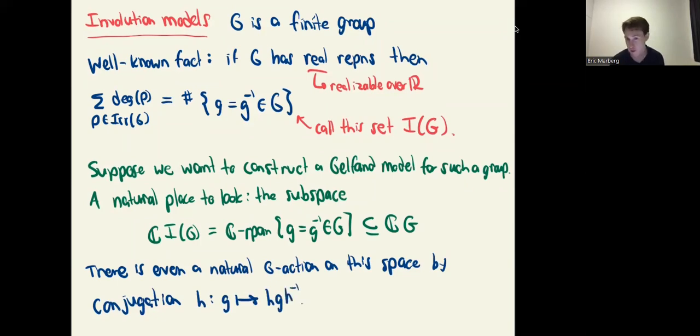Okay, so we're looking for a certain representation whose degree is the number of involutions in our group. So here's a vector space that has that dimension, and it even already has a G action. So problematically, though, this permutation representation is usually not multiplicity free.